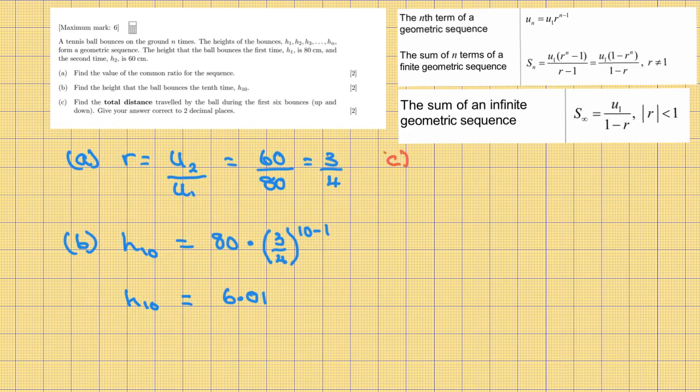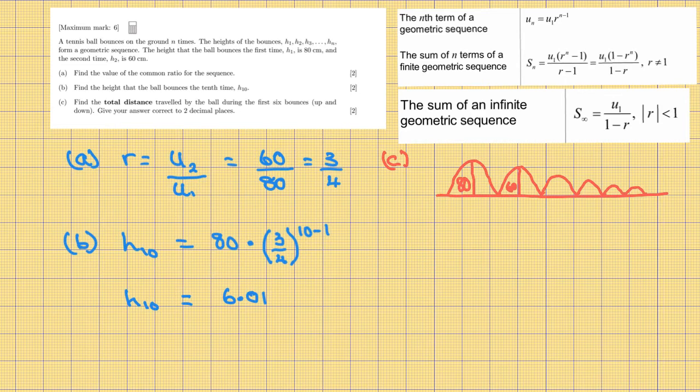So C. First, draw yourself a little diagram. So it bounces, bounces, bounces, 3, 4, 5, 6. So you want to find that total distance, 80, 60, etc. But notice it bounces up and then down.